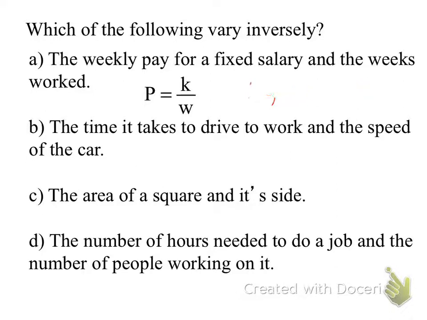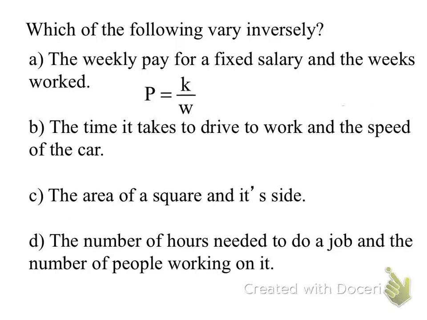It's a fixed salary, so the salary is 100,000 for the year. I don't get that per week, right? But it wouldn't go down, so how could it be inverse? The salary will go down weekly. If I have 52 weeks, I have to divide that 100,000 by 52.